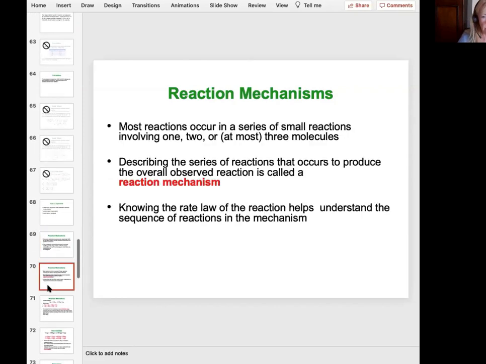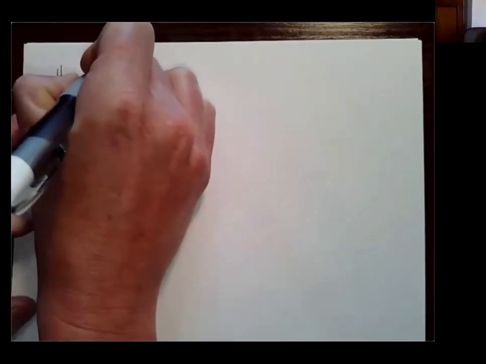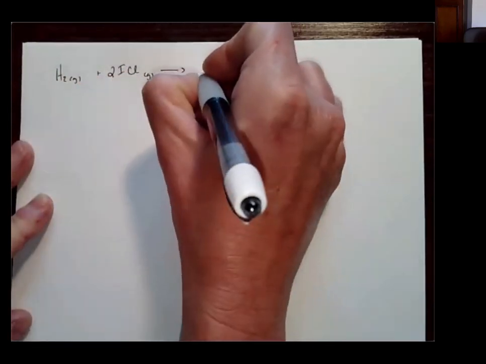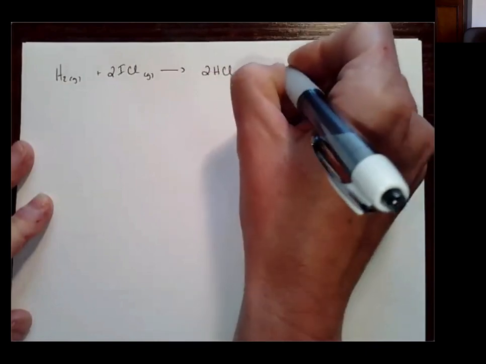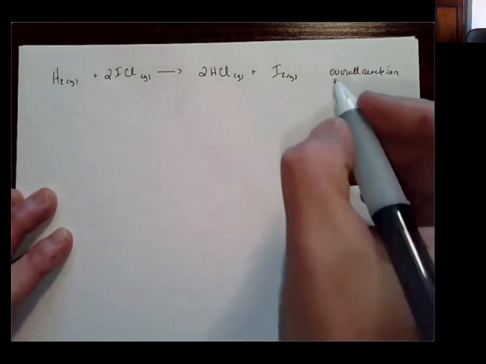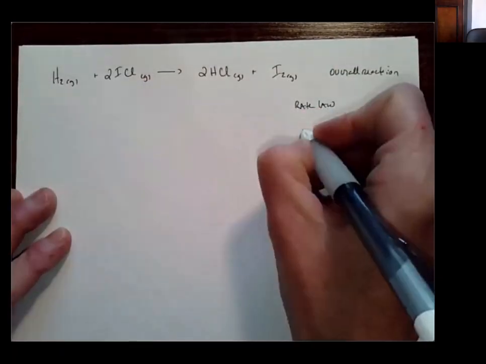Okay, so reaction mechanisms. They allow us to describe the series of reactions. We're going to start simple. Let's say I have hydrogen gas reacting with iodine monochloride, and I go to form HCl gas and I2. So this would be my overall reaction. If I was going to write my rate law for this, it would look like this.